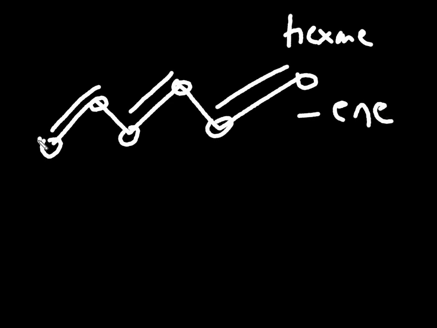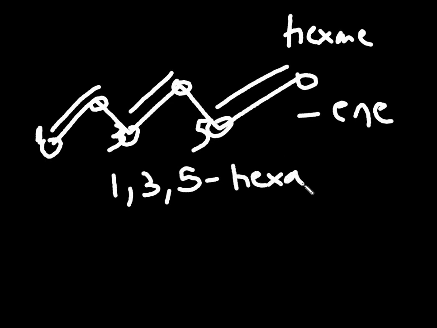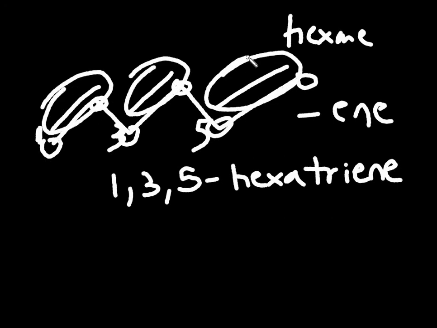At the start of the first carbon, we have an alkene. At the start of the third, we have an alkene. And at the start of the fifth, we have an alkene. So you have 1, 3, 5, hexa, triene, because there's 3 alkenes, 1, 2, 3. So hexane for the parent name, hexene, double bond, triene, hexatriene.